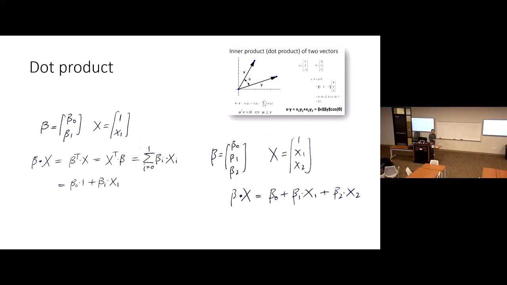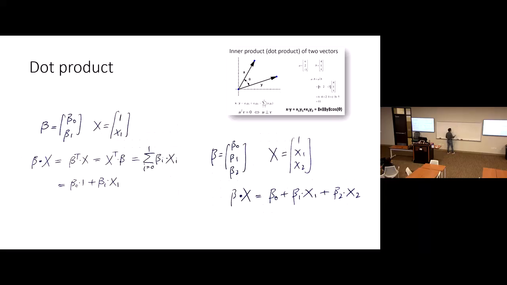So come back to our dot product definition and link back to this regression equation. For this, we need two vectors. We need a vector beta, okay? This beta is like this: beta 0, beta 1.